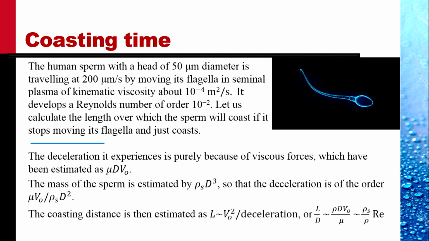Or that L by d is like rho d v naught by mu, which is like rho s by rho times Re, where Re is the Reynolds number.